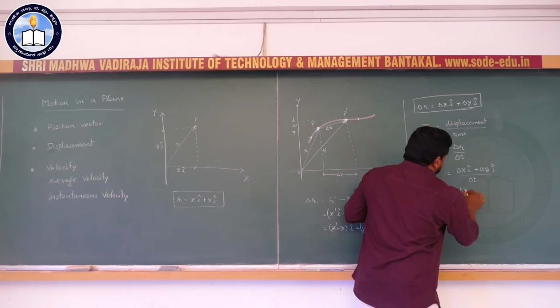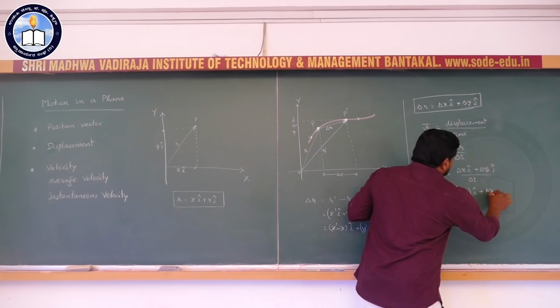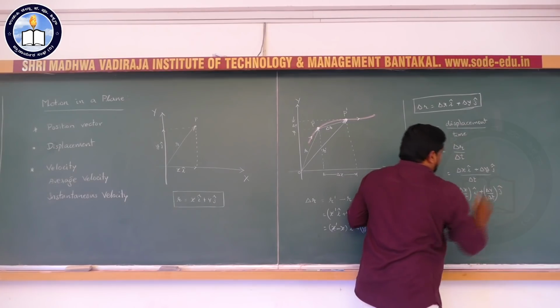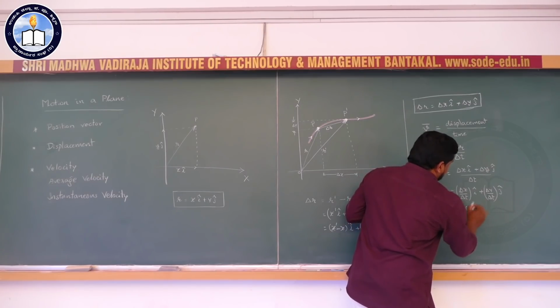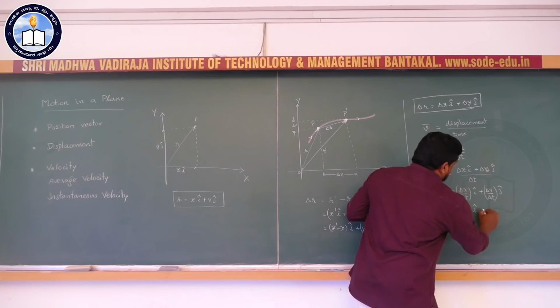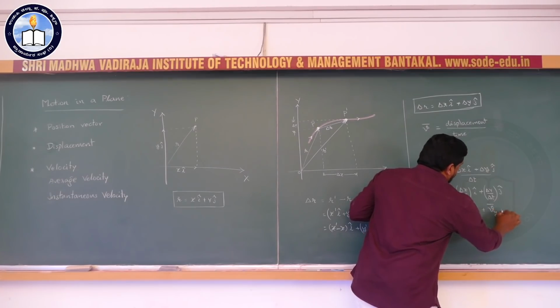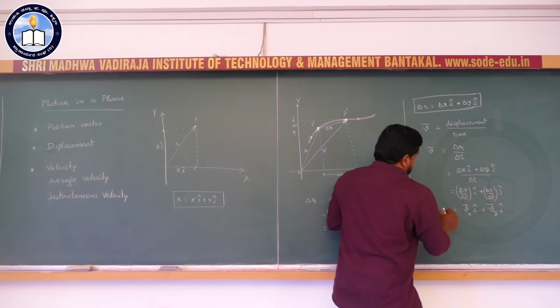So this is delta x by delta t into i cap plus delta y by delta t into j cap. This delta x divided by delta t is nothing but the average velocity along the x direction, plus the average velocity along the y direction into j cap.